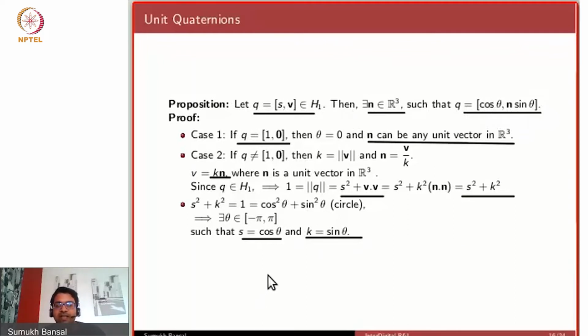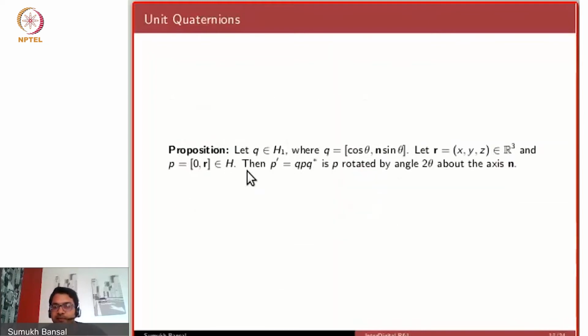Now, while this proposition should give you some insight into the relation of quaternions with rotations, specifically the axis angle representation, the story is not complete yet, because we have not introduced how the quaternion rotation works. For that, we need another proposition.